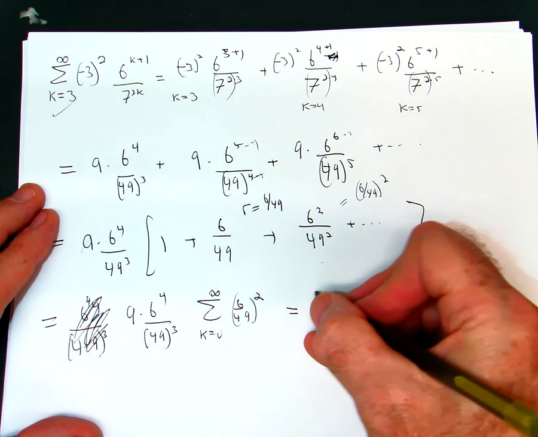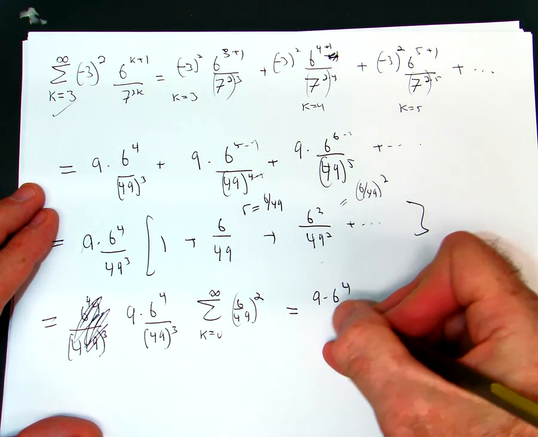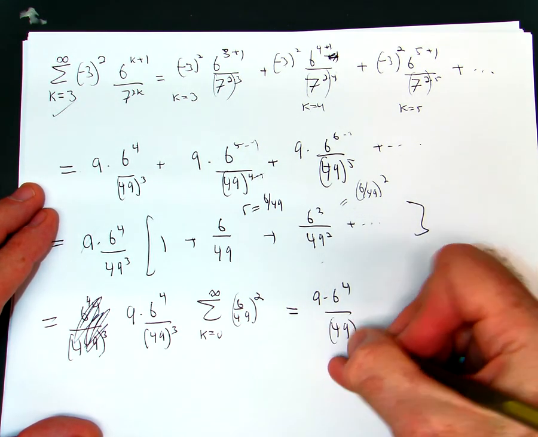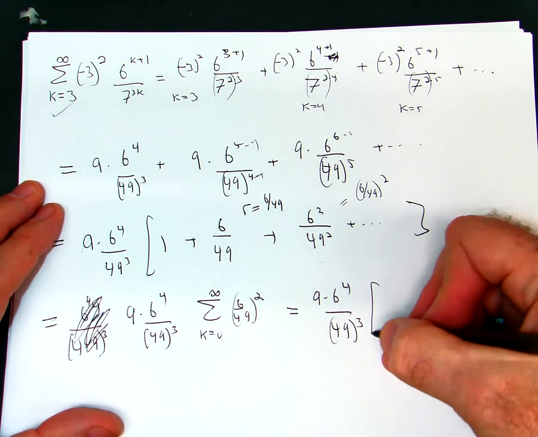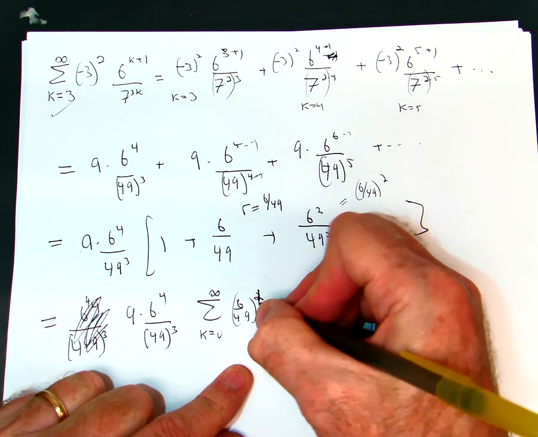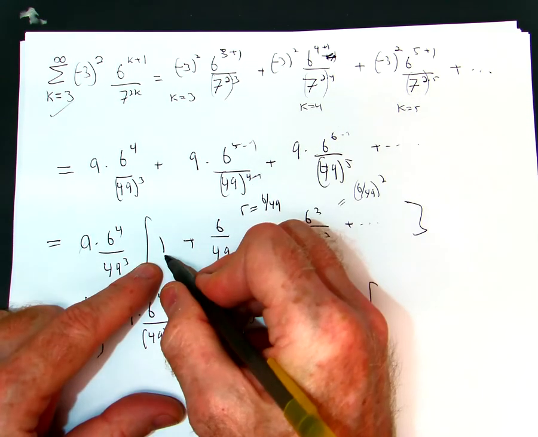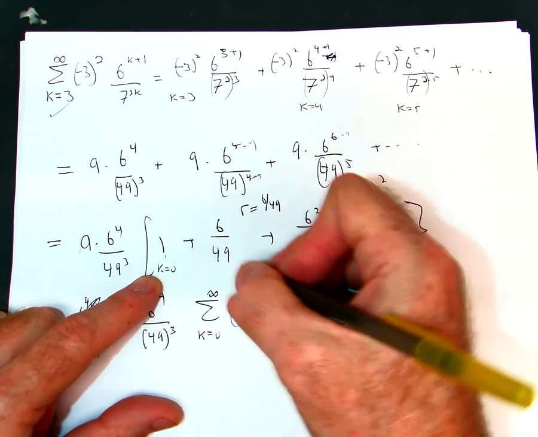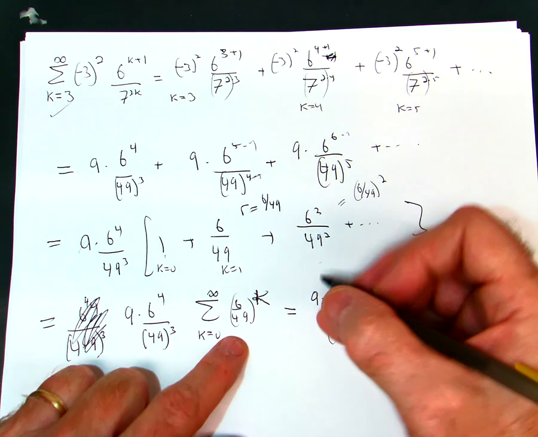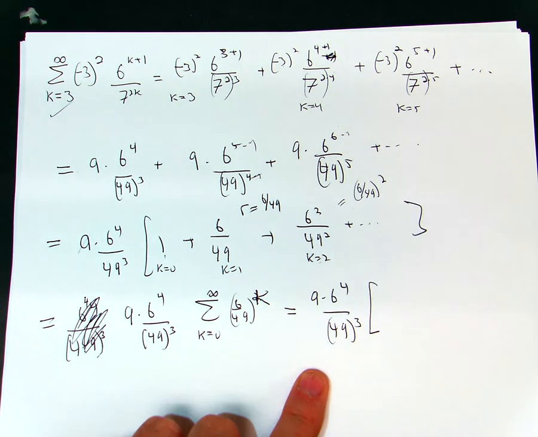And so I get 9 times 6 to the 4th over 49 cubed. And I'm going to get, oops, that's a k. Remember, here's the k equals 0 term. Here's the k equals 1 term. Here's the k equals 2 term, and it's going to continue.